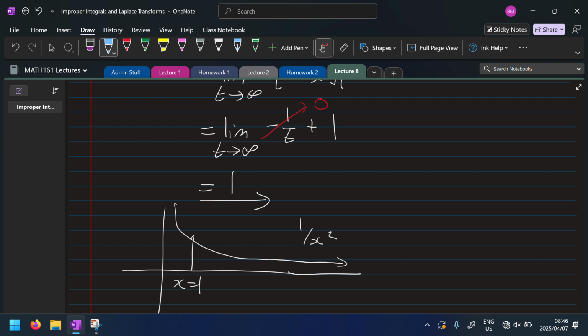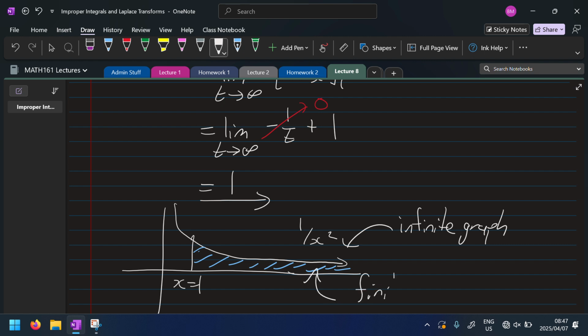You can have an infinite graph, from 1 to infinity, the graph is infinite, but the area is still finite. Very weird, but we'll see lots of things like this. So here, notice we have an infinite graph, but a finite area.